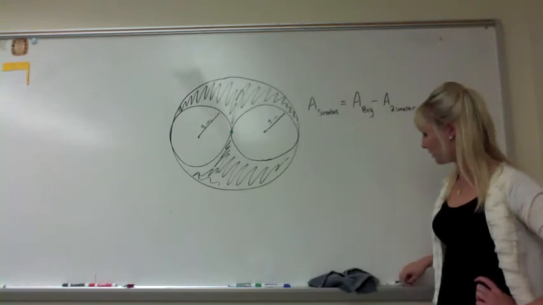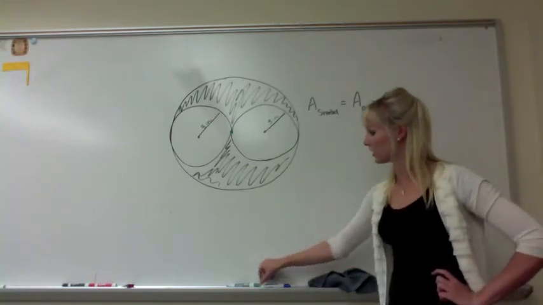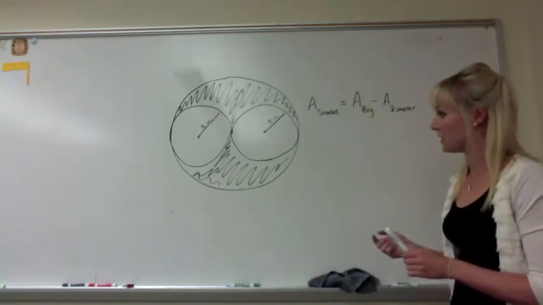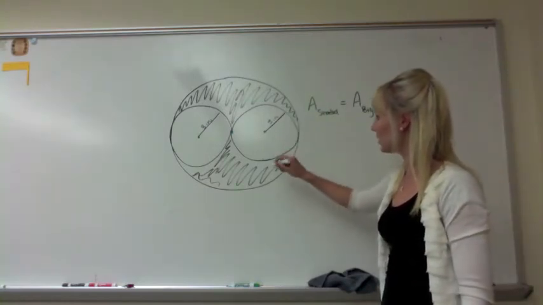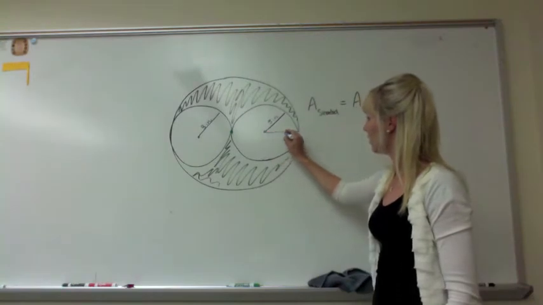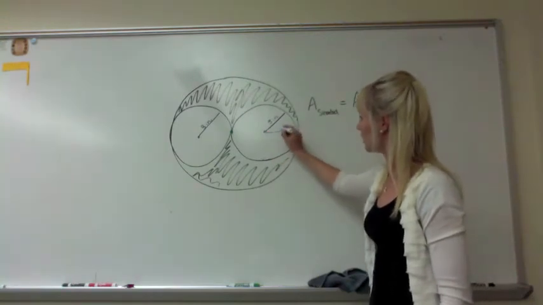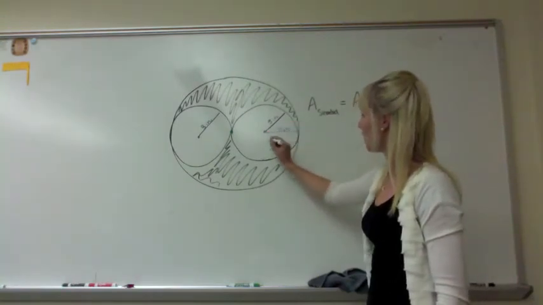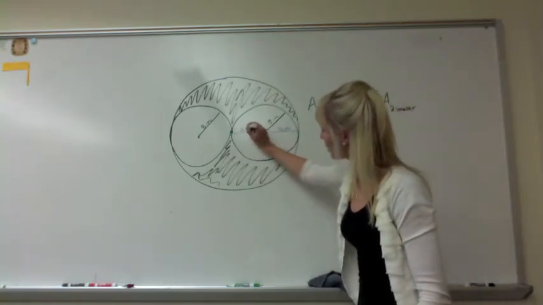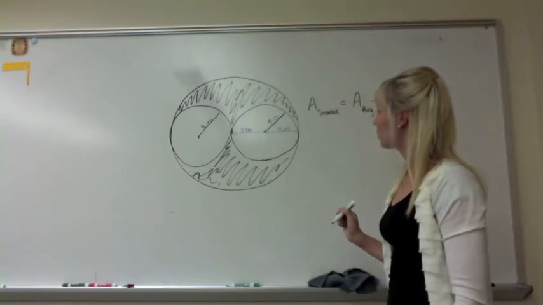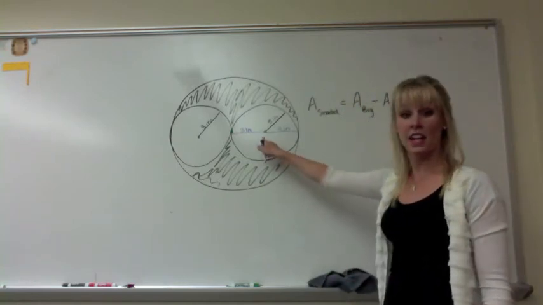Okay, so let's analyze it for a second. All radius lengths are the same for a given circle. So since this radius length is 3 inches, we know that this radius length is also 3 inches, and this radius length is also 3 inches as well. Well, we just found the diameter.